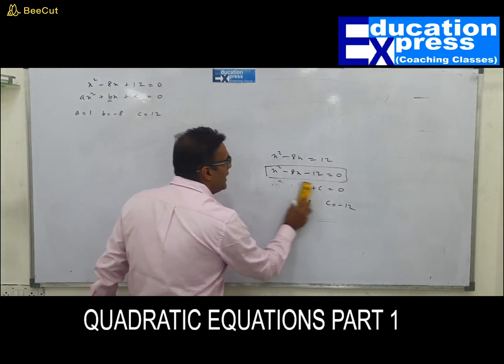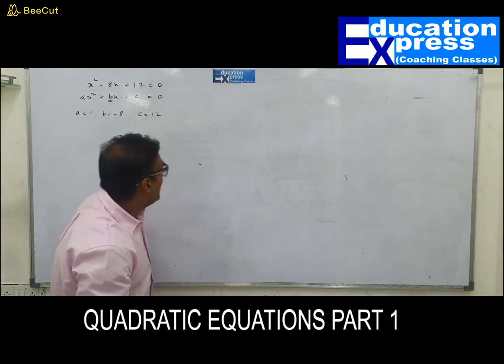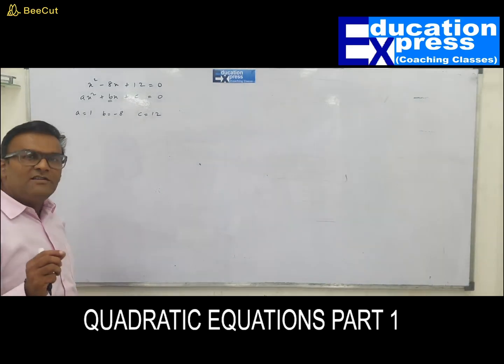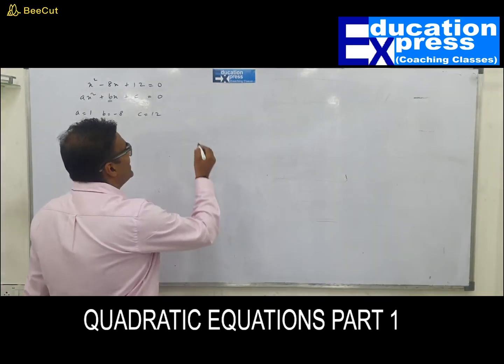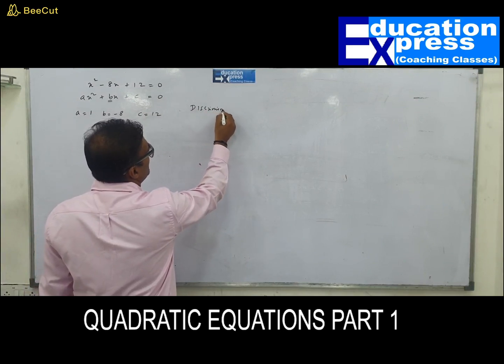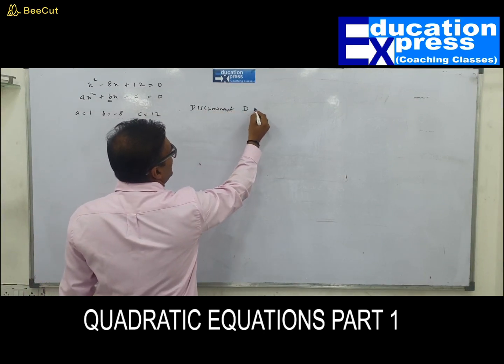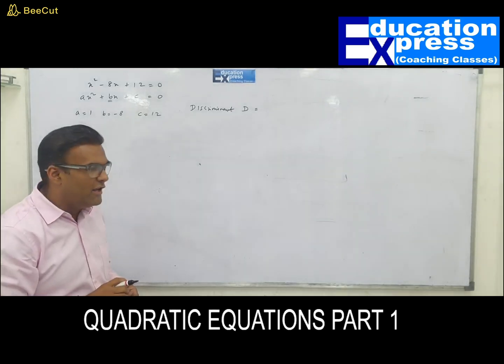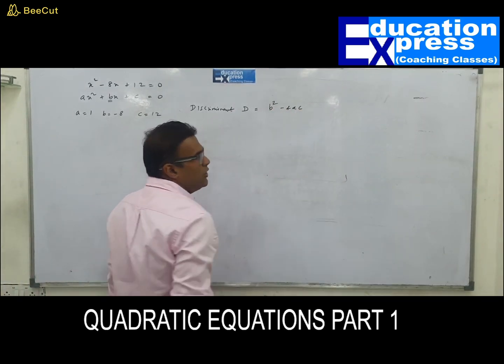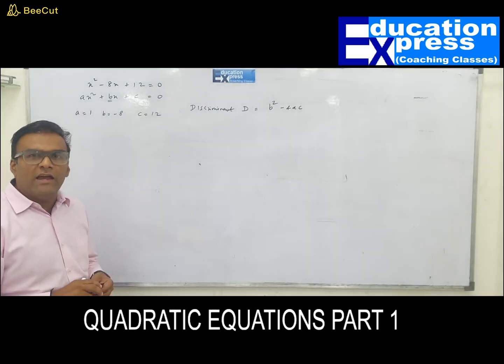Going ahead, after finding the necessary values of a, b and c, the first thing we need to find is the discriminant. Discriminant is denoted by capital D. What is it? It is b squared minus 4ac. Do we have values of a, b and c?